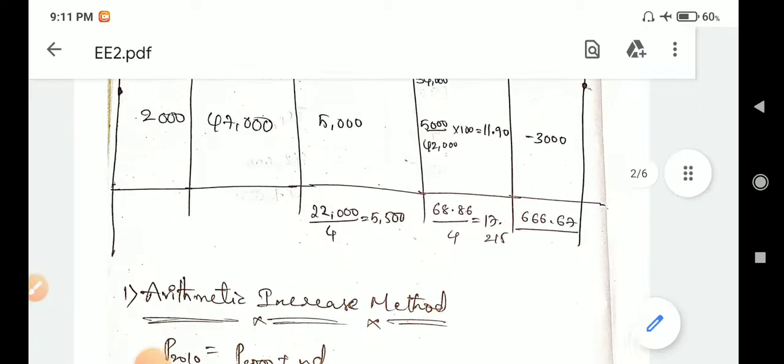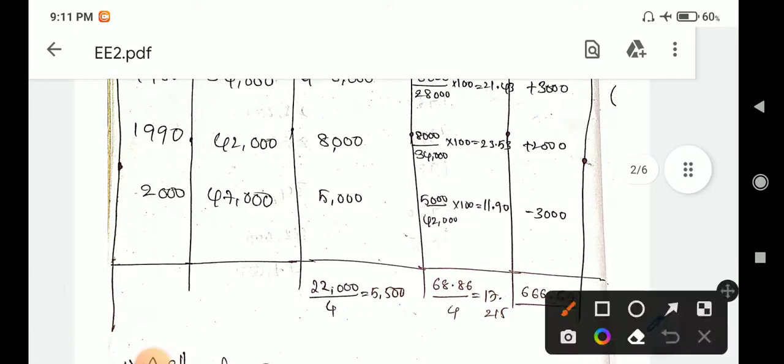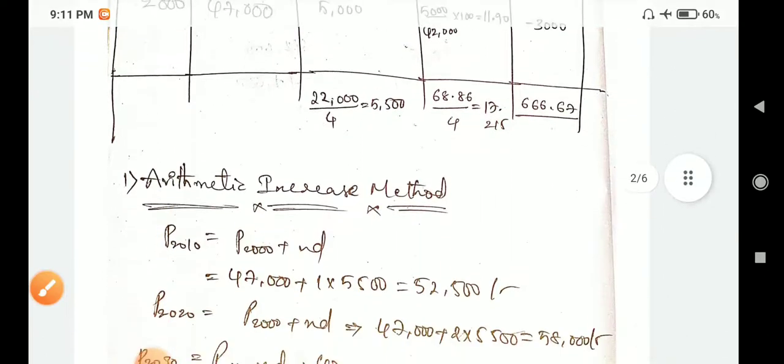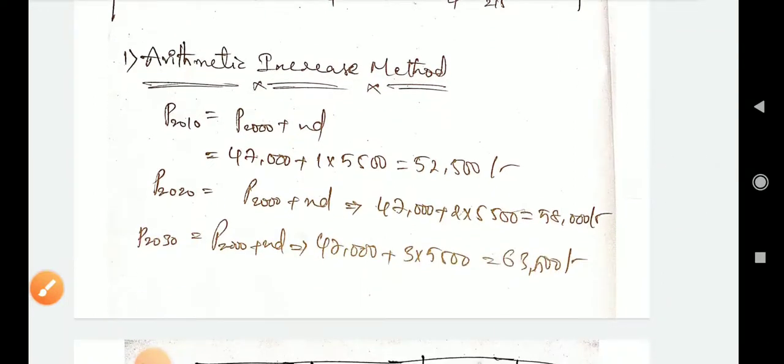Pn is the last population, the 2000 population. I am taking 47,000 plus first decade, 1 into 5,000, the difference.